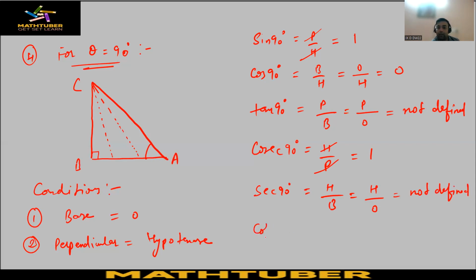And similarly, we can find out cot 90 degree, which is equal to b upon p. B is 0 and p perpendicular is p only, so it will be 0. So these are the values of the trigonometric ratios for specific angles.